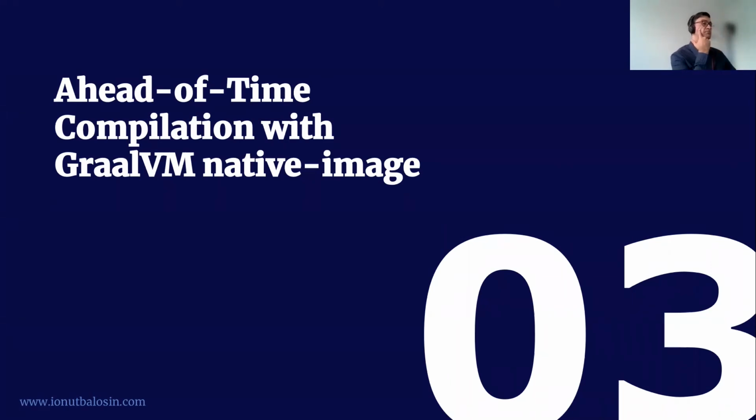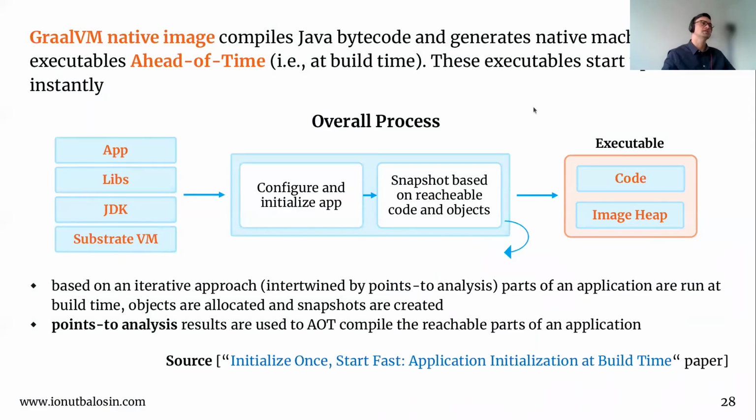The compilation process, from the sources until you get the executable or the binaries, is highly described here. Nevertheless, basically, it's a paper. There is a lot of research around GraalVM, so you can read through a lot of sources.